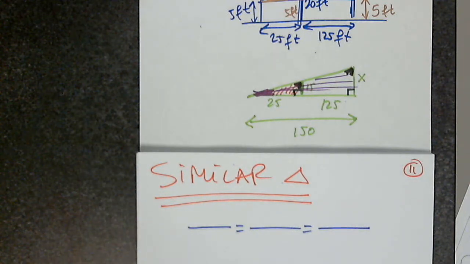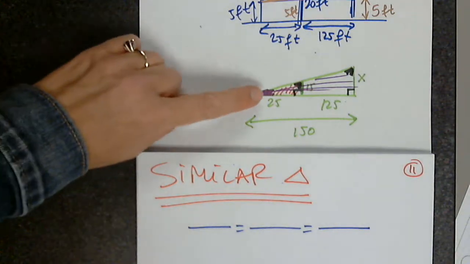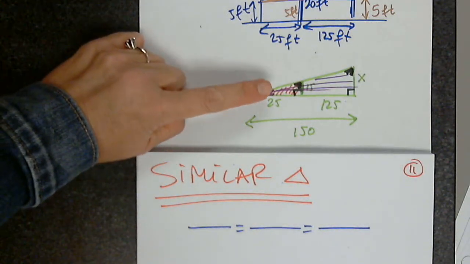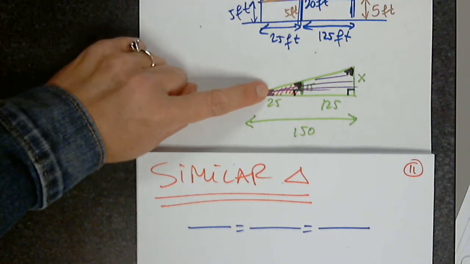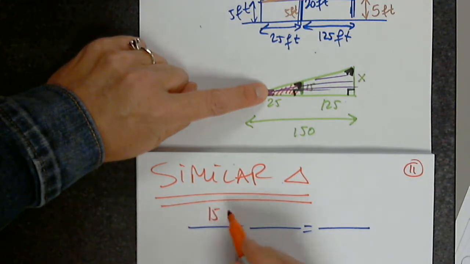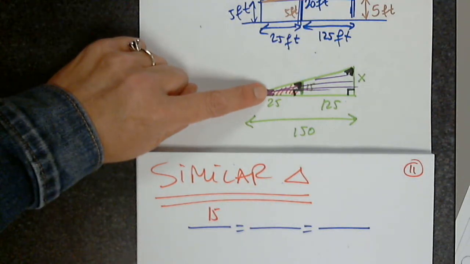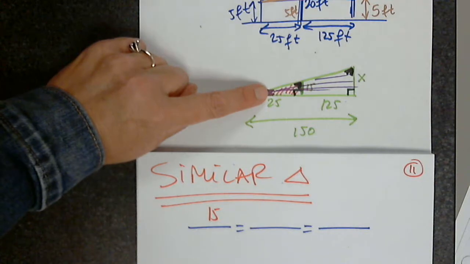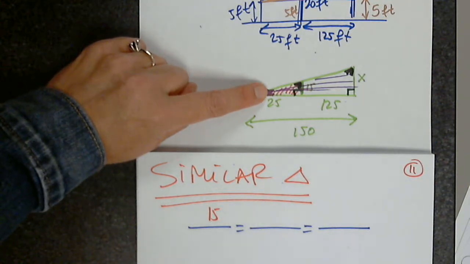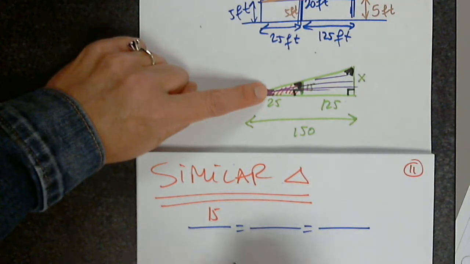We have to be very careful how we write the proportions. So I start with this angle. What is the opposite side of this angle in the small triangle? I'm still with the same angle. What is the opposite side of this specific angle in the big triangle?